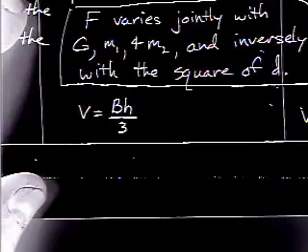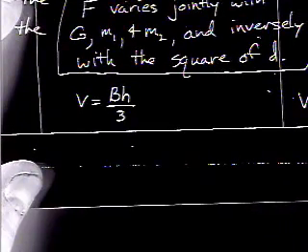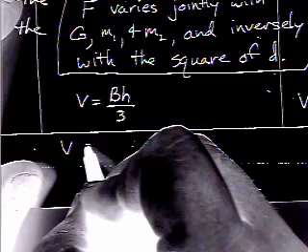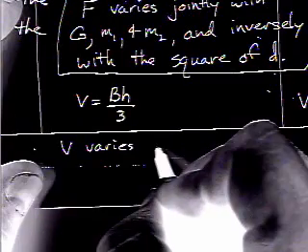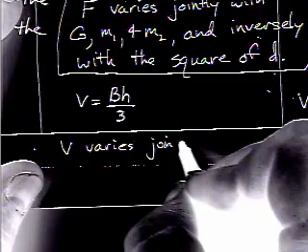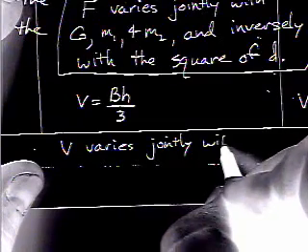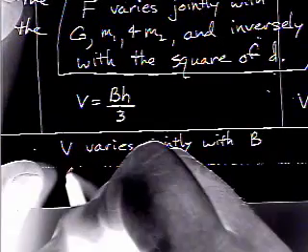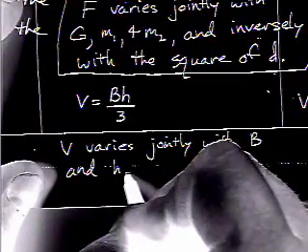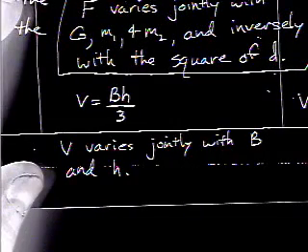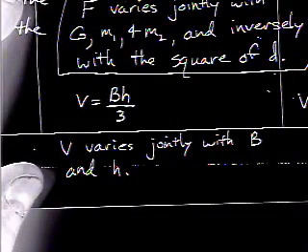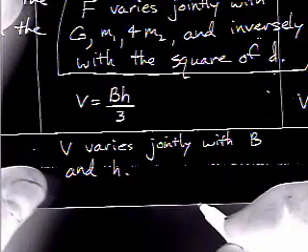You're going to be faced with other situations, other formulas, and you're going to have to do the same thing, such as V varies jointly with B and H. Please make note that there is no mention of the K value. Do you know what the K value is in this case?